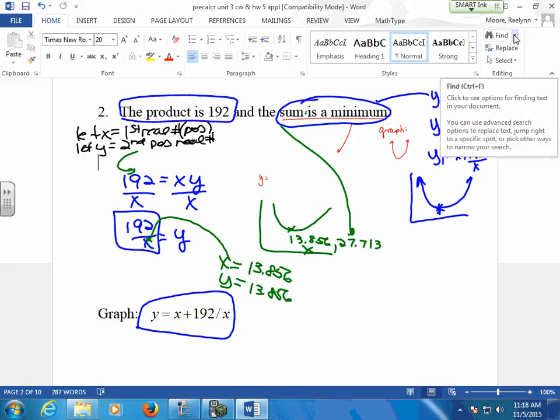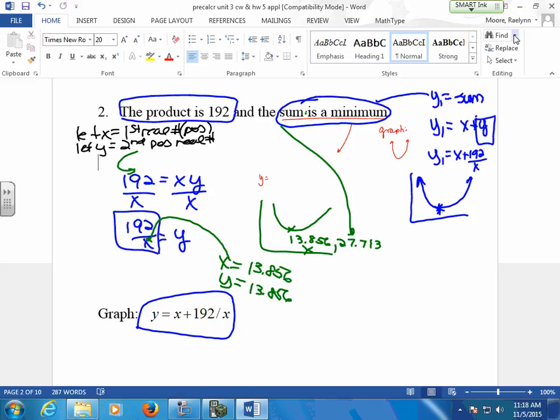If I did 20 times 20, what would my product be? 400. I'm a little too high on that, so I know it's not going to be 20 times 20. Remember, we said that they're about the same when we're maximizing area or minimizing perimeter. So 20 times 20 is way too high for me.